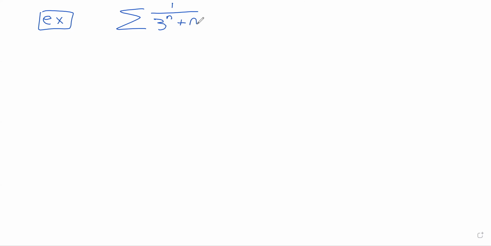But let's look at 1 over 3 to the n plus n. And I want to say we did something like this yesterday. Or maybe not, I'm not sure. Does anybody want to give me a guess whether this converges or diverges?